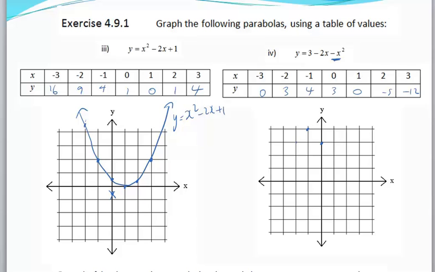X is minus 2, y is 3. X is minus 3 and y is 0. X is 1, y is 0. X is 2, y is minus 5. So we draw our curve in here. So we see concave down, and we label our curve y is equal to 3 minus 2x minus x squared.